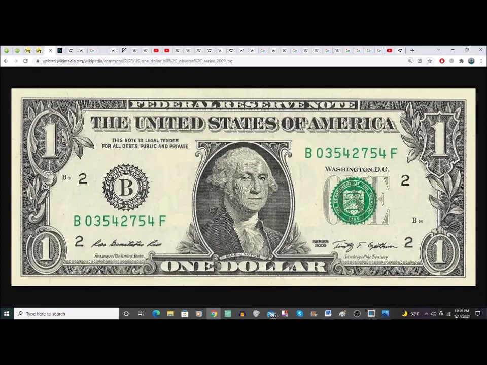I believe we're at the right spot there. I believe we've done the 100 pennies to the right point.